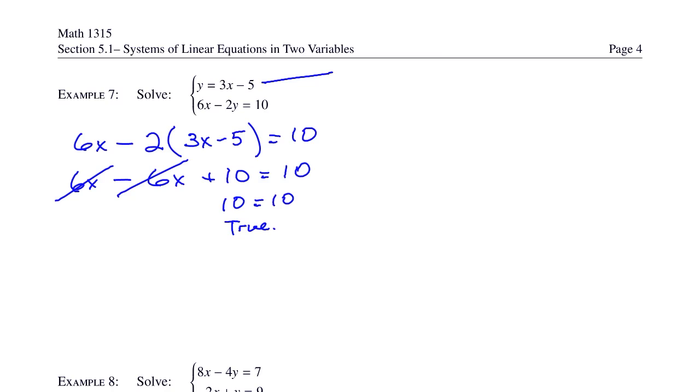Now, because we're in a system with two variables, that doesn't mean it works for all x and all y, right? It means that we can use any x, but then the y is based on the x that we choose. So, any x, and then that x goes into one of these equations, and you produce the y. So the solution is the set of ordered pairs, x comma y, such that y is equal to 3x minus 5.